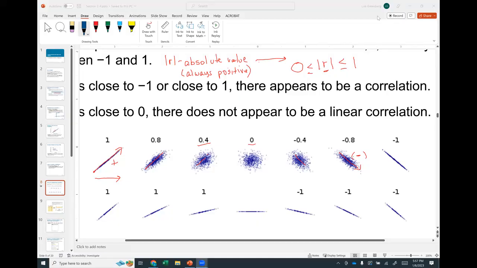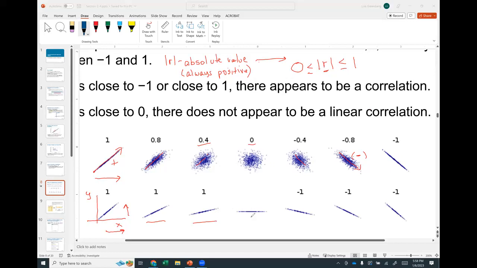Another thing to think about: imagine that I put this on an XY axis. Let's say this is X and this is Y. We can see that as X increases, Y increases, and that's true everywhere, here, here. It's not really true here though.